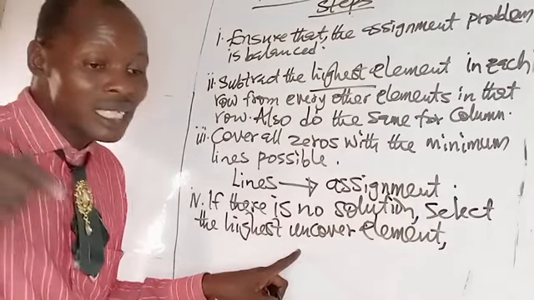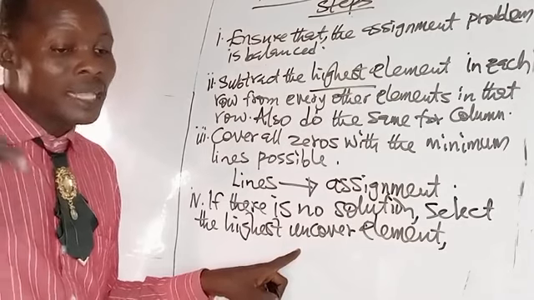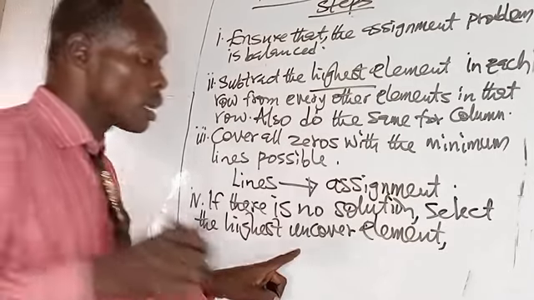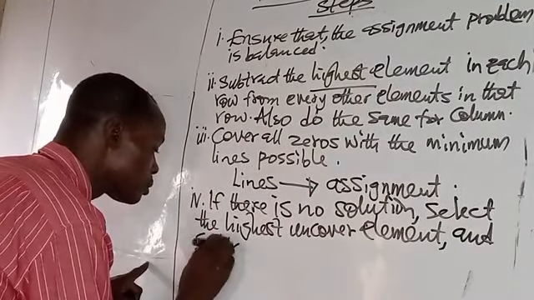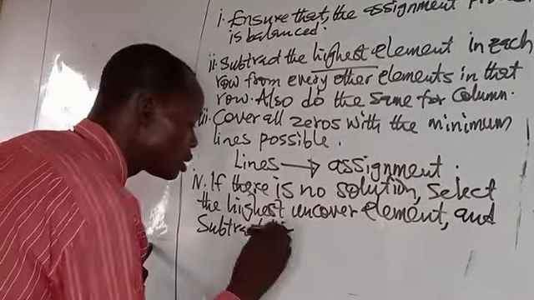Subtract this number from all elements that have no line through them.